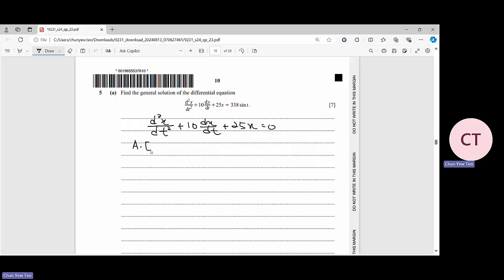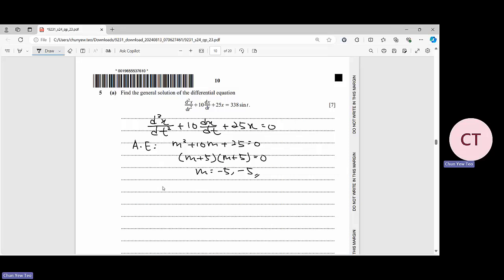Then from here, we will form the auxiliary equation, AE. Then you get m squared plus 10m plus 25 equal to 0. If you factorize it, you get a repeating factor. So your m is negative 5 and negative 5.